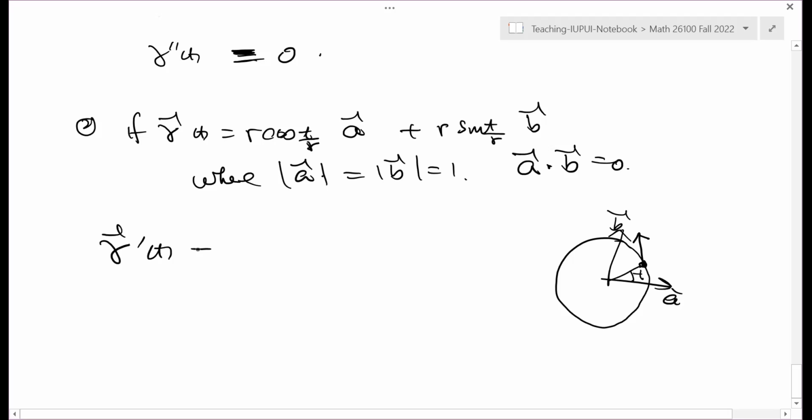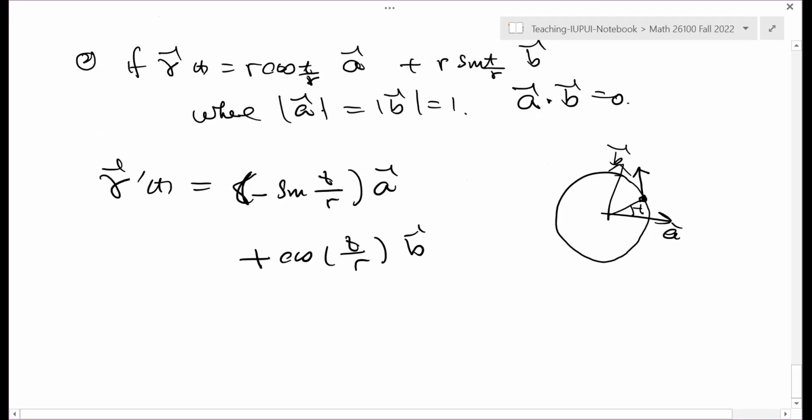So gamma prime of t is negative sine t of r times a, plus cosine t of r times b.